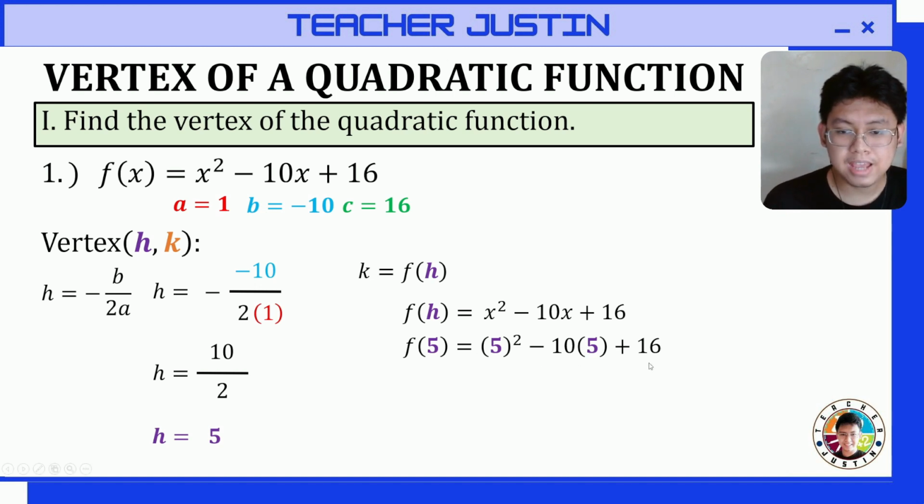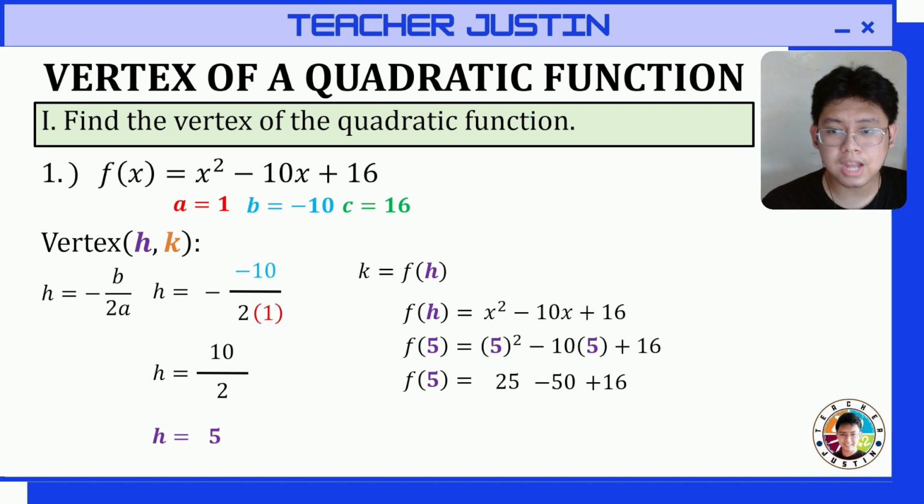So, let's simplify our equation. We will have f of 5 is equal to 5 squared is 25. Negative 10 times 5 is negative 50. Tapos, kopyahin lang natin si plus 16. Tapos, let's add or subtract from left to right. So, 25 minus 50 plus 16, that will give us the value of f of 5, which is negative 9.